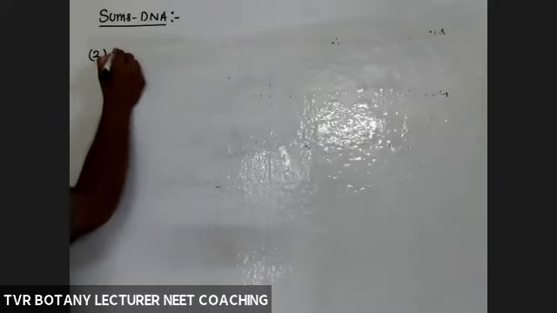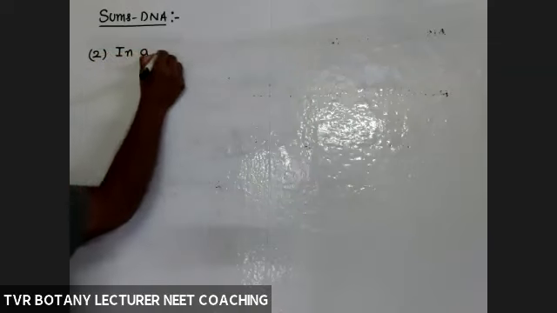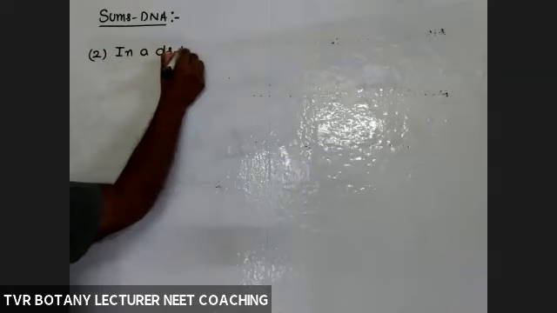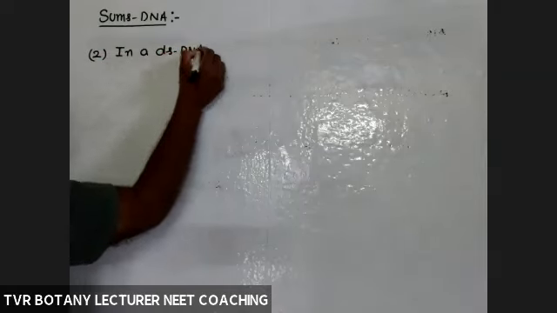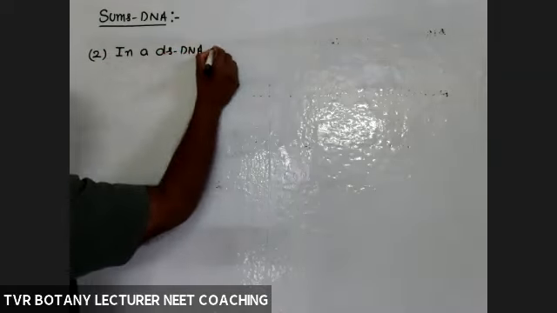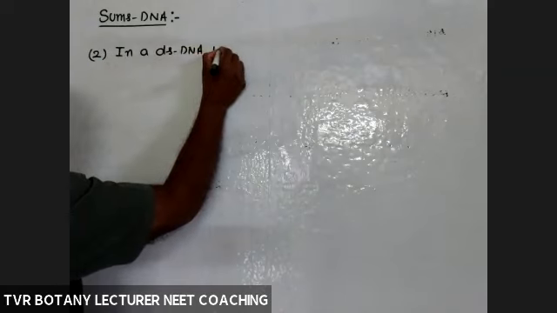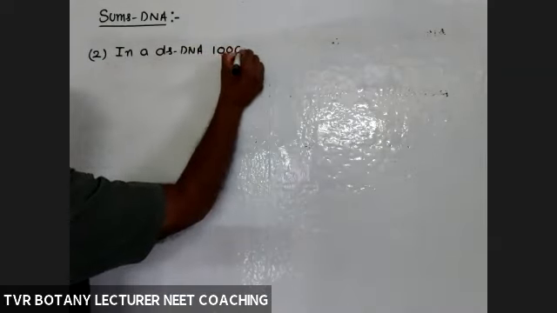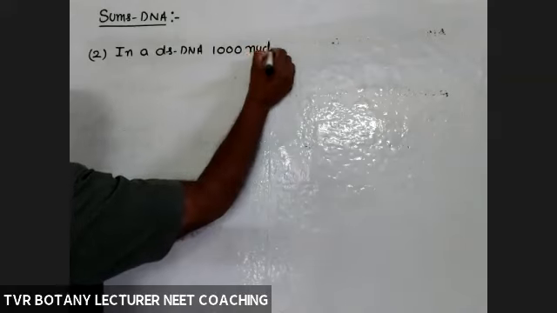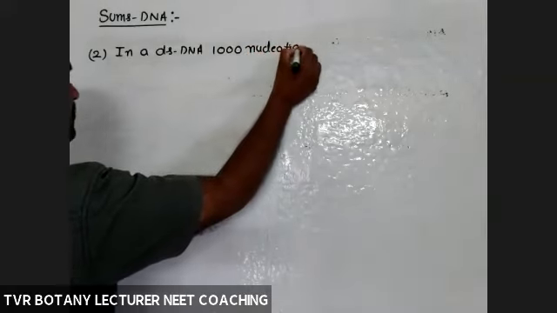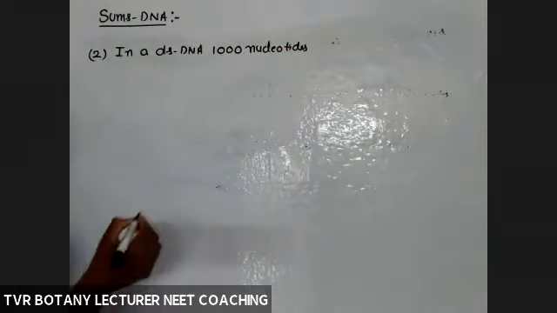Okay, next one, second one. For example, in a dsDNA, double stranded DNA, a thousand nucleotides are present. Yesterday I gave you 1000 nucleotides.